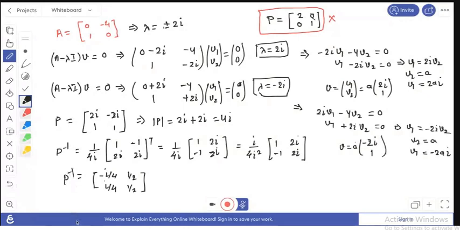Okay, so next page. Our P exponential P inverse, we get this thing. Okay.